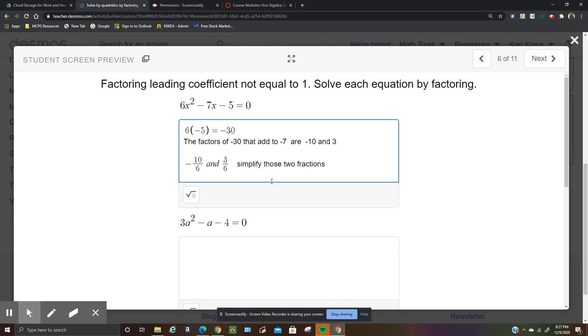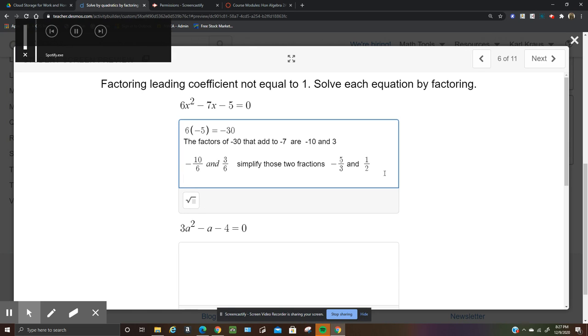That would be negative 5/3 and 1/2. I want to turn these into factorization.